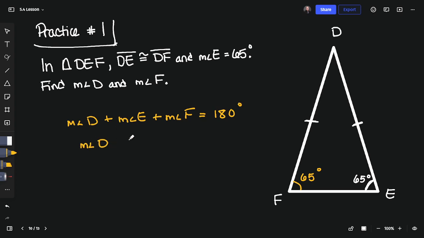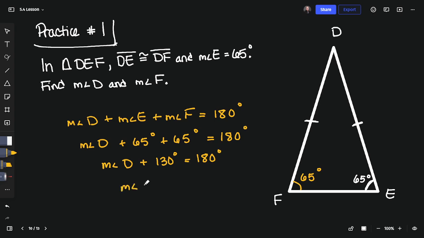Well, we know 2 of those measurements, so we know that the measure of angle D plus 65 degrees plus 65 degrees equals 180 degrees, which means that the measure of angle D plus 130 degrees is equal to 180 degrees, meaning that the measure of angle D must be 50 degrees.